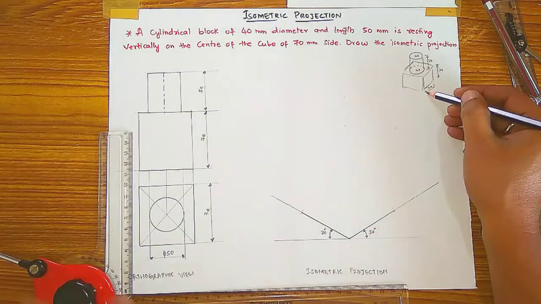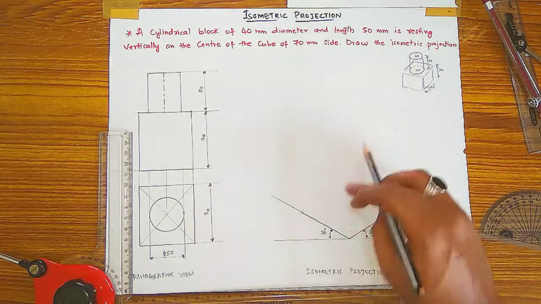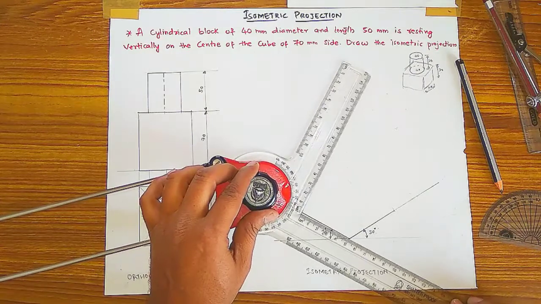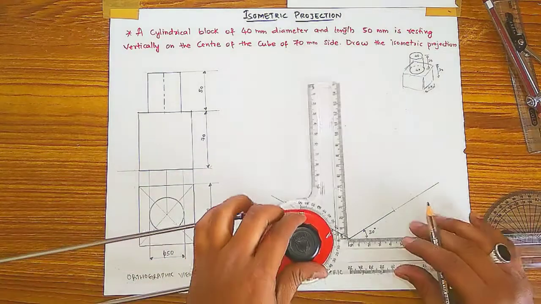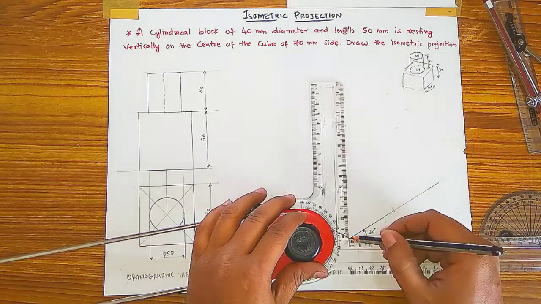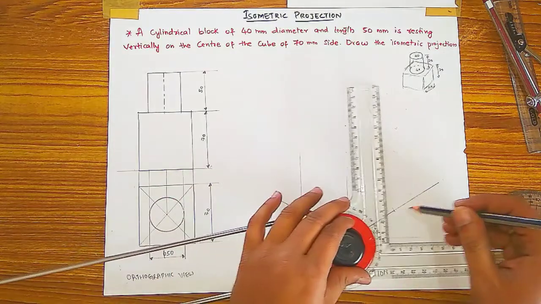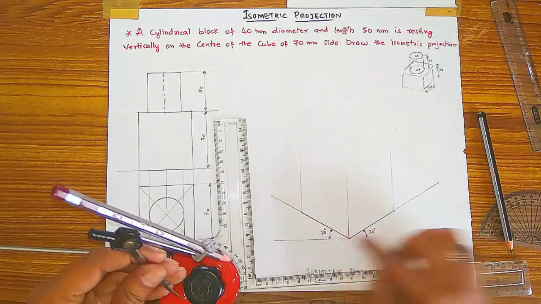Then these two lines I have drawn, and the height of the cylinder is the same as 70 mm. This length only we have to take upwards. So I will measure its length. I am getting 5.6. Okay, then I will draw these lines like this first. Then by taking that length, I will draw it easily. It should be exactly perpendicular to these lines.